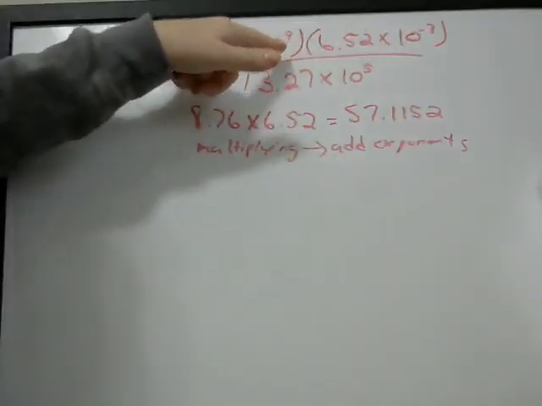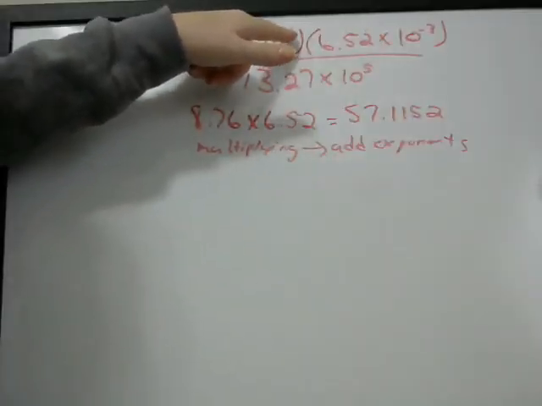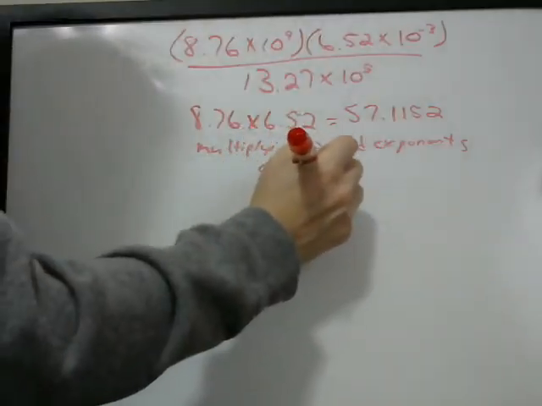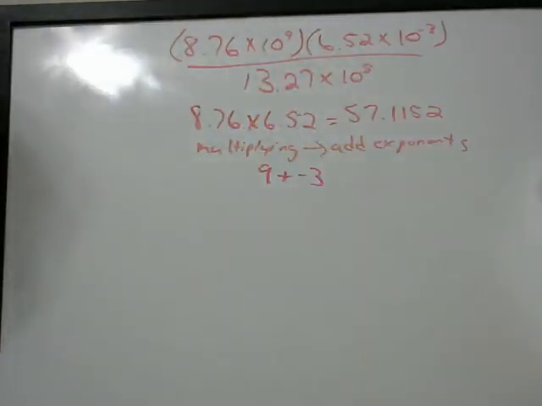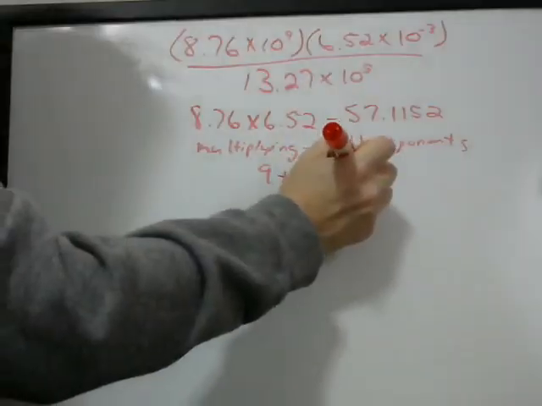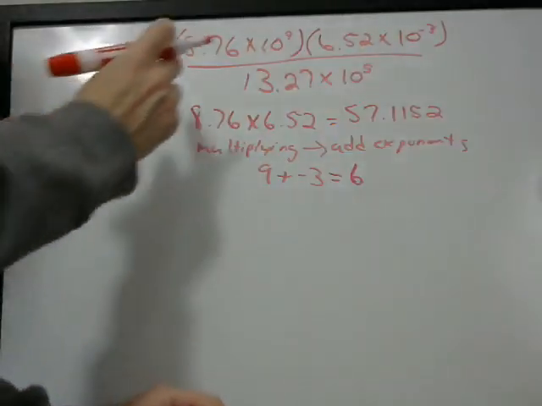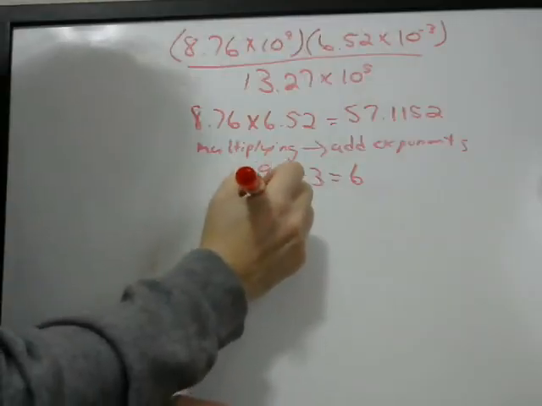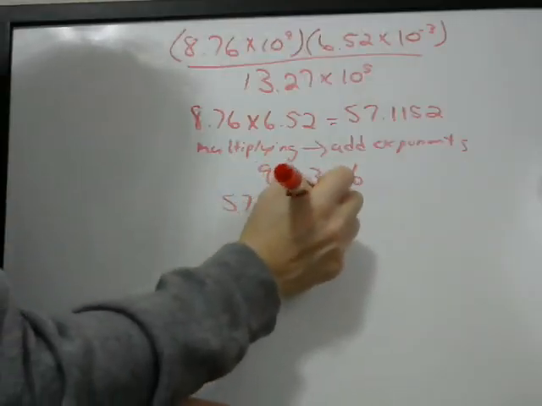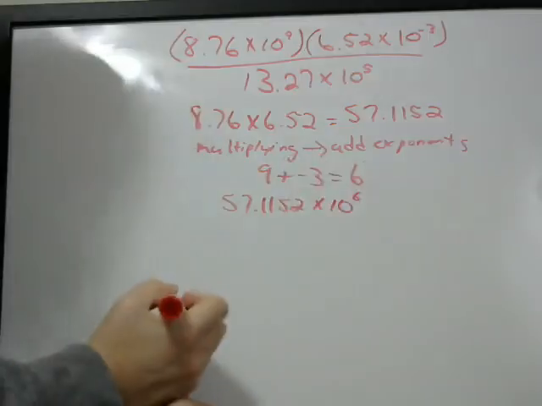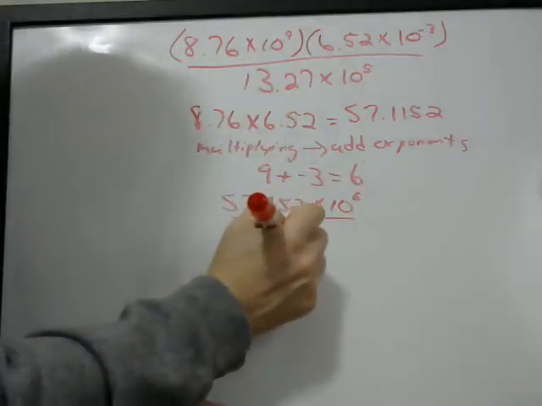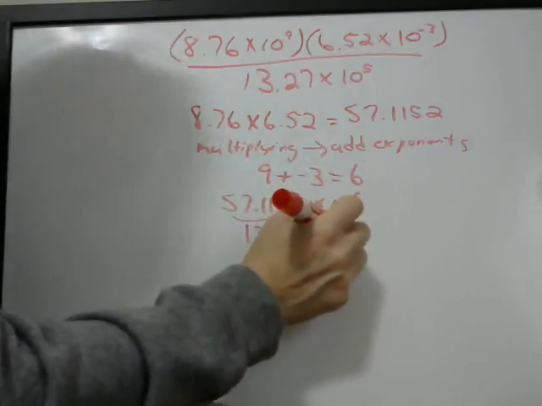So to get the exponent for the 10, we're just going to add these: 9 plus negative 3, which is the same as 9 minus 3, so that's 6. So our answer, when we multiply the two top numbers, is 57.1152 times 10 to the 6th, divided by 13.27 times 10 to the 5th, because we haven't done the division yet.